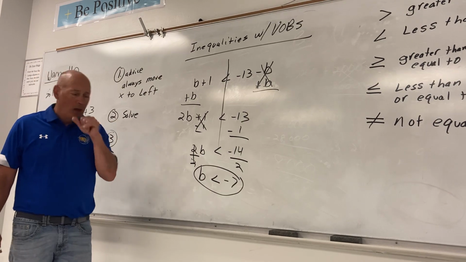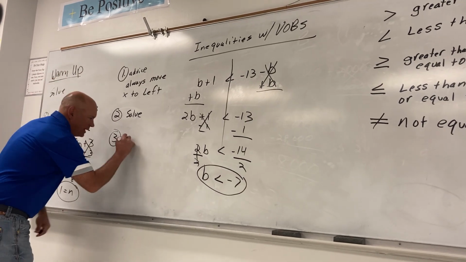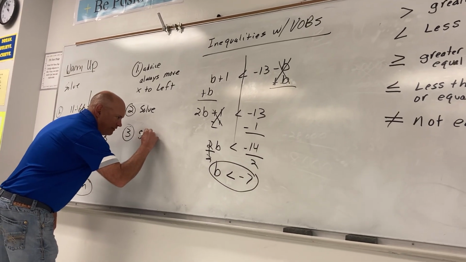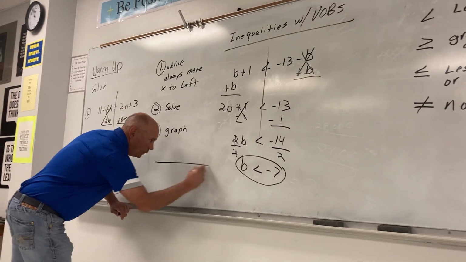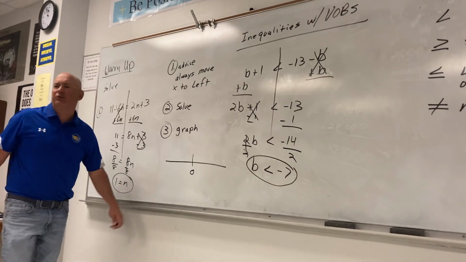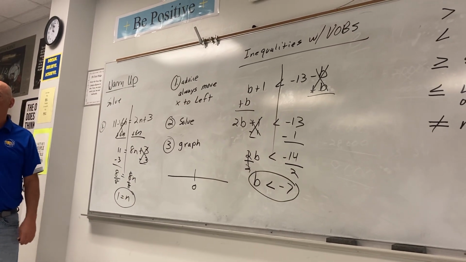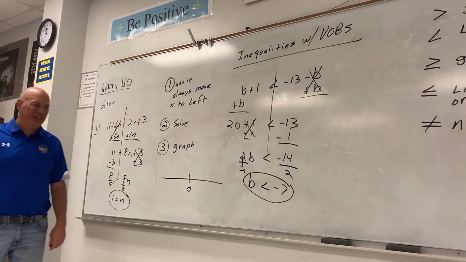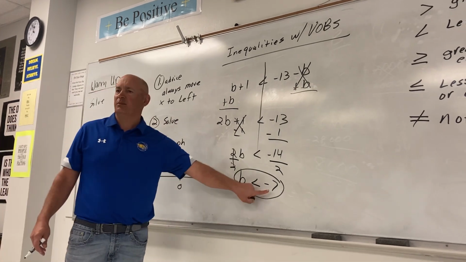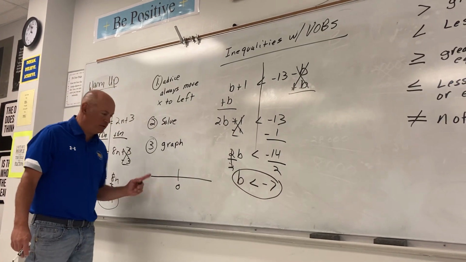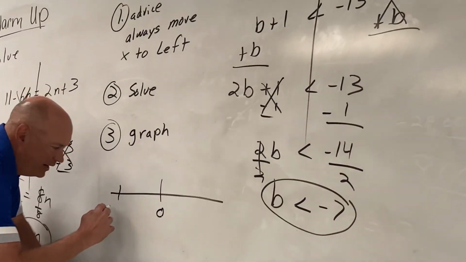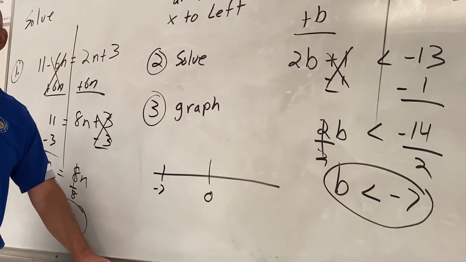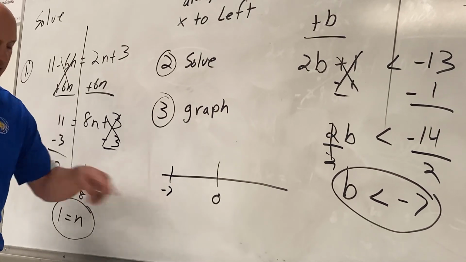So there's a third step on inequalities. We need to graph it on the number line. So let's make a number line. Always show me where 0 is on your number line. Where would negative 7 be on the number line? To the left of 0 or to the right? To the left. You don't have to write all the numbers in between. So just show me where negative 7 is.